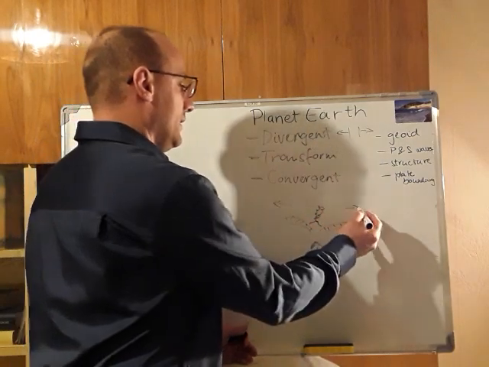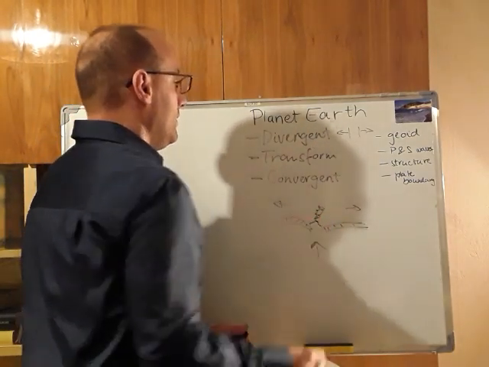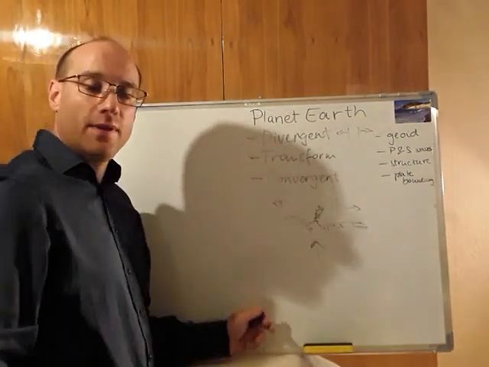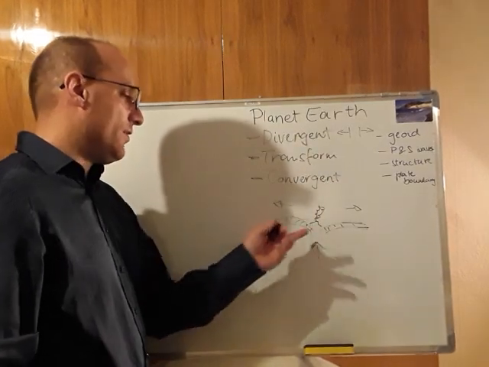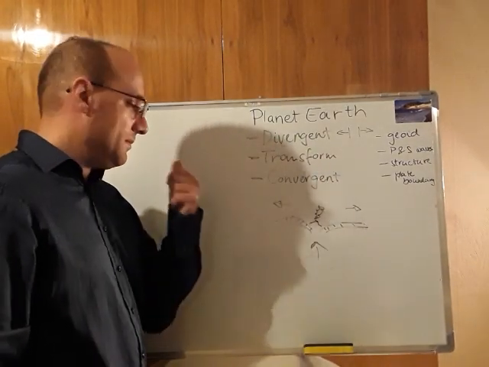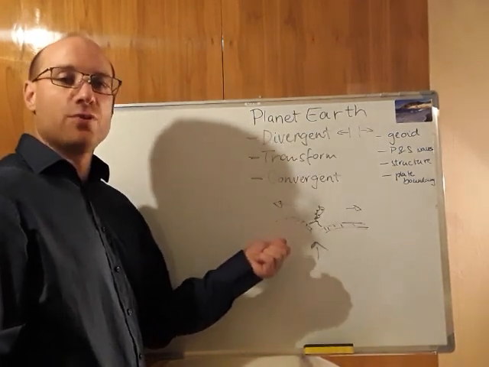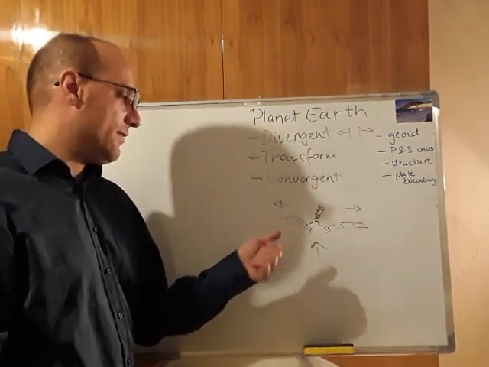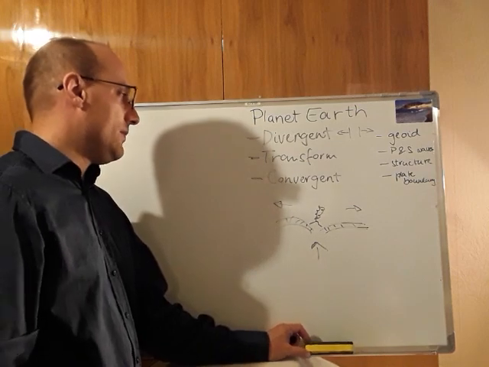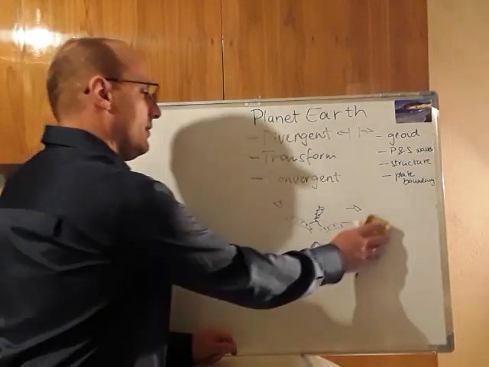So that is definitely a divergent plate boundary. And so these were some of the examples: Iceland, the Mid-Atlantic Ridge, or the East African Rift. These are all divergent.